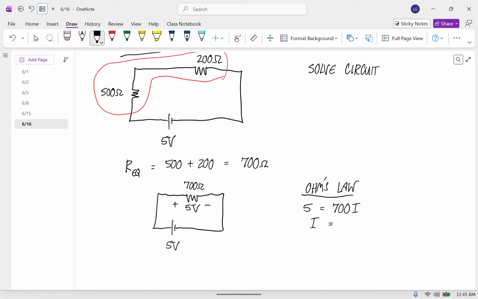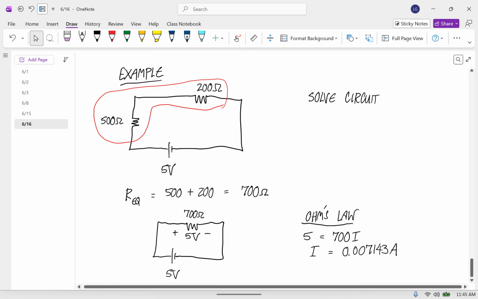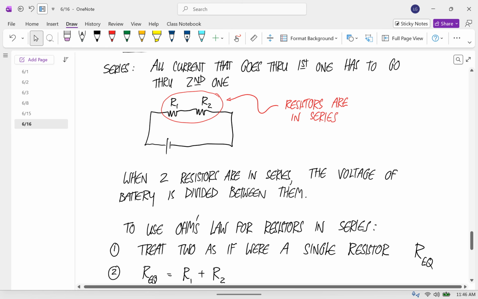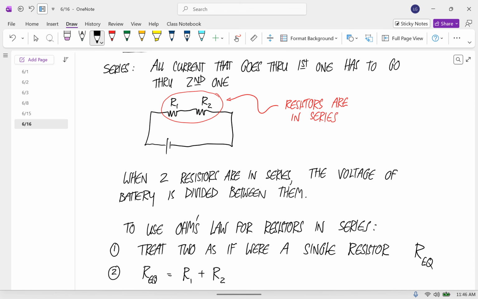And so I is equal to 0.007143 amps. Okay, we did that to calculate the current as if with these lumped together. But the thing about elements in series is that that's the current going through all of those elements. So now we can use Ohm's law for the individual ones.